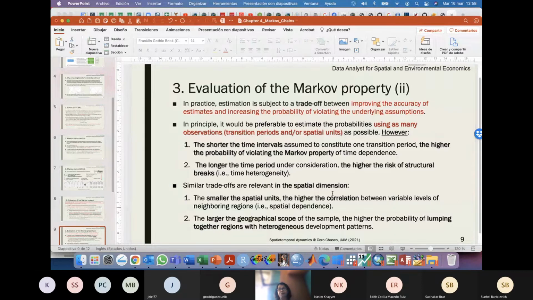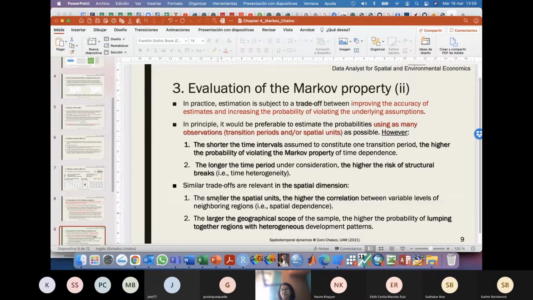And this happens also with the spatial dimension. The smaller the spatial units, if you can choose, instead of cities, districts or something smaller, the higher the correlation between variable levels of neighboring regions, so the higher the spatial dependence. If I use census tracts instead of neighborhoods, like one of you is trying to do, you are going to have higher spatial autocorrelation when you go down in the spatial scale.